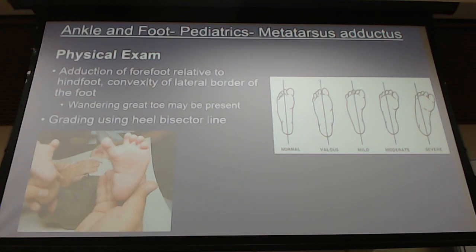Remember that as that first metatarsal deviates medially, sometimes it takes that entire ray with it, right? We talk about the ray being the phalanges as well as the metatarsal. So you can see the splaying of that great toe, right? That does not look normal.